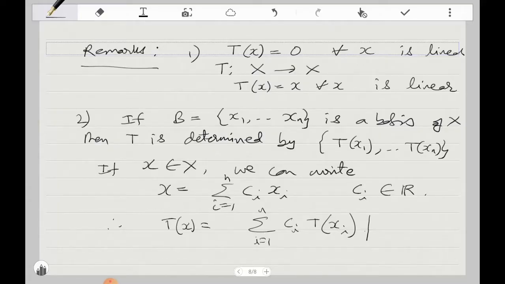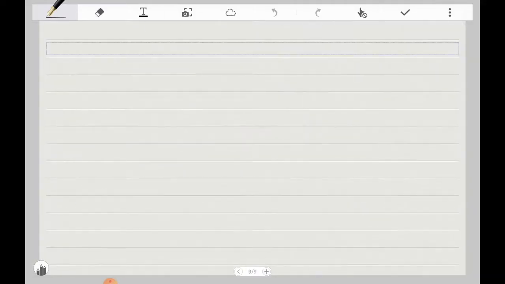And the point is that the basis property, the fact that x1, x2, ..., xn are linearly independent, will ensure that such a linear transformation is well defined. So that's the second remark.